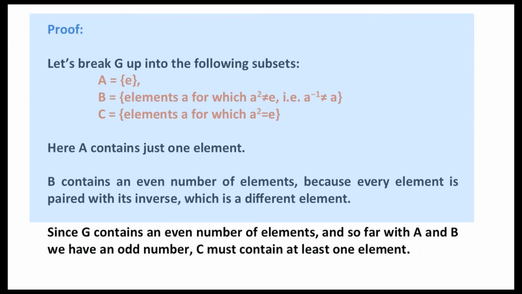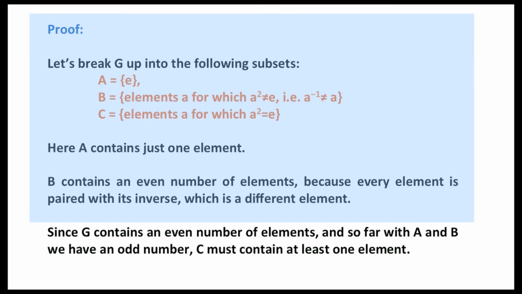Proof. Let us break G into some subsets. A is equivalent to the element e. B is equivalent to the elements a for which a² is not equivalent to e, that is a⁻¹ is not equivalent to a.